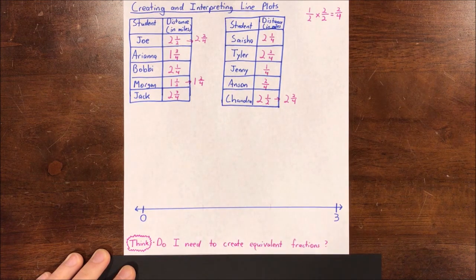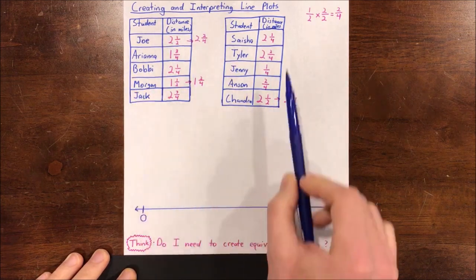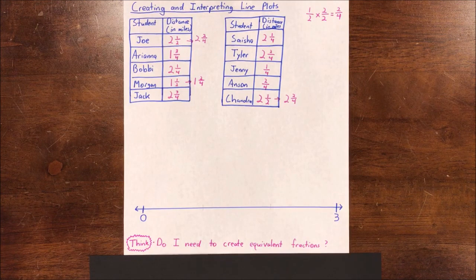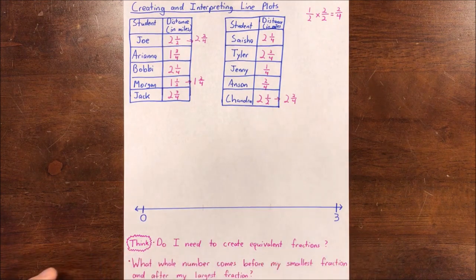If we use 0 and 3, we know that all the numbers in the data set are going to fit somewhere on the number line. So when we're identifying our range, we need to think, read it with me, what whole number comes before my smallest fraction and after my largest fraction? Okay, so let's go ahead and make our number line.